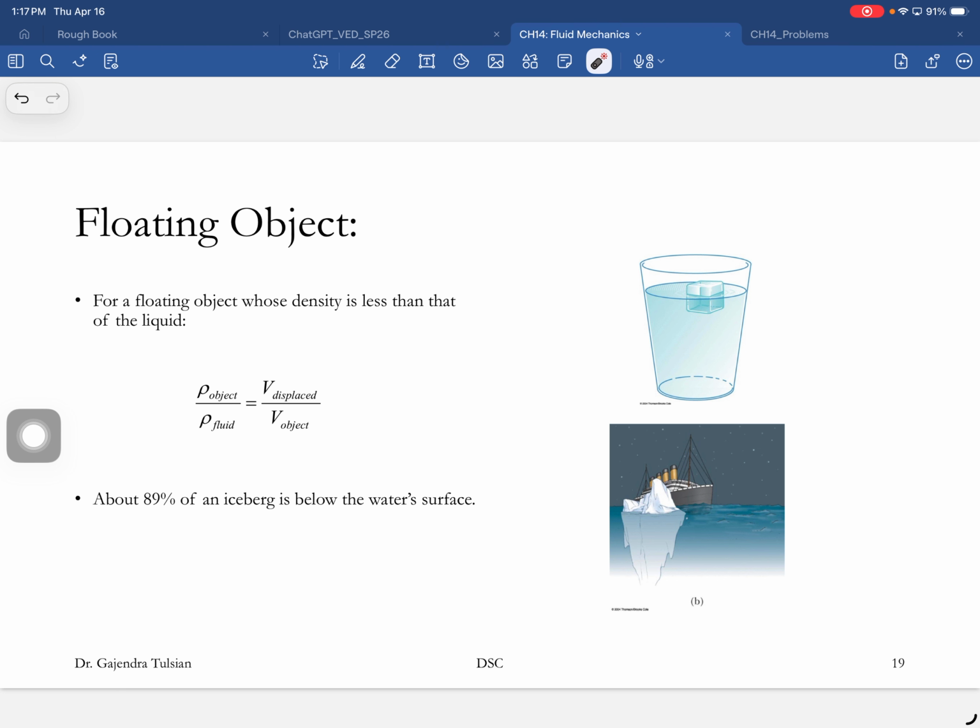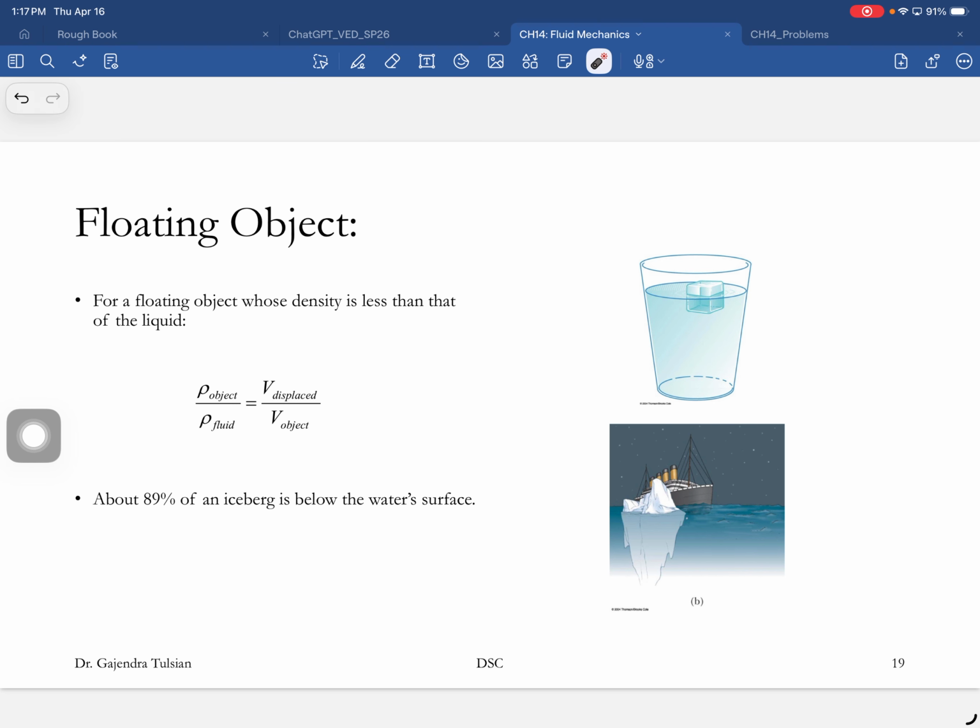All right, so an object will float if its density is less than the density of the fluid. Icebergs are made of fresh water, and when you freeze water, it expands, so its density decreases. This is fresh water ice floating in the ocean.